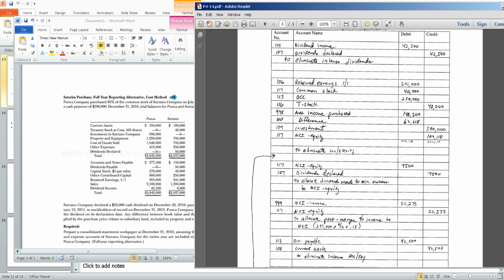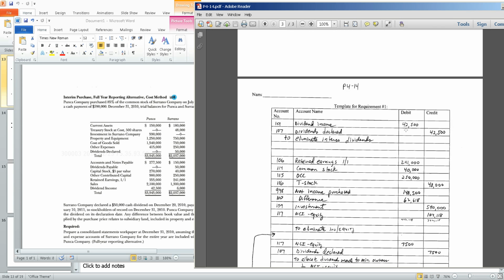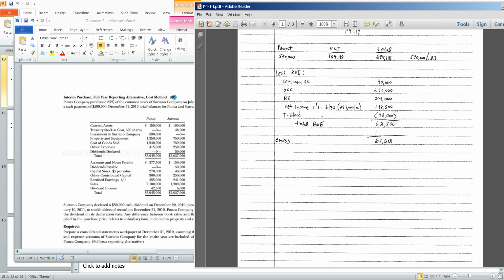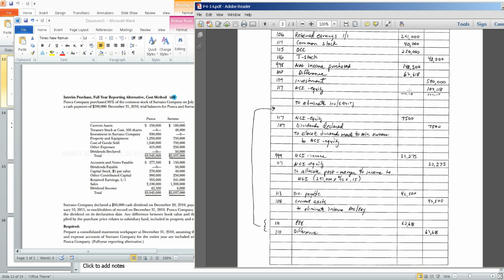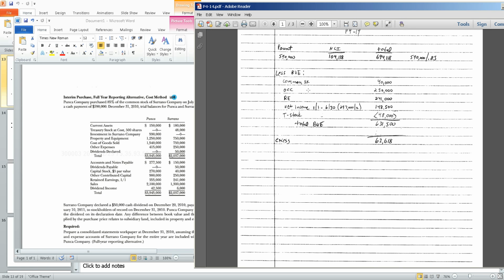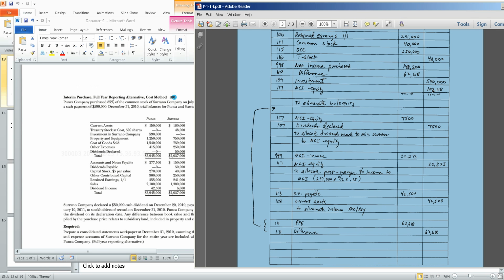The difference between imputed value and book value of equity, which we calculated above to be $62,618, we're going to recognize here. The parent investment account of $590,000 here, we're going to get rid of by means of this credit. And then finally, again, the $104,118 non-controlling interest in equity that we calculated here is going to be recognized by means of a credit here.